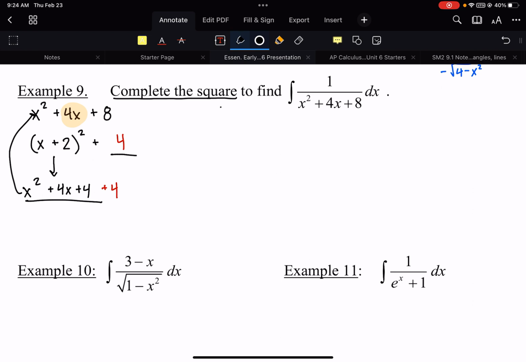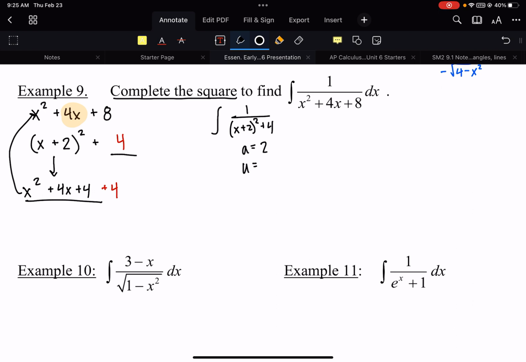So I can rewrite this over here as 1 over x plus 2 squared plus 4. And now we can do an inverse tangent, find the u, find the a, find the u prime. So if I let my a be the constant squared, it would be 2.